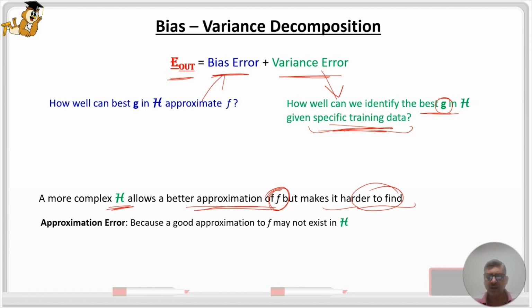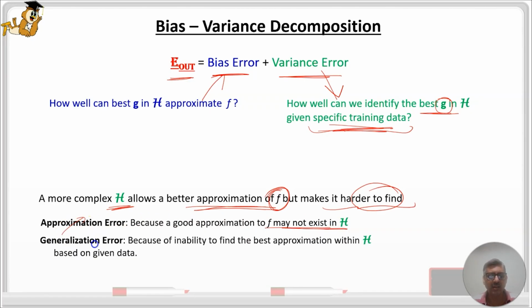So, a couple of other phrases or terms that are used. Approximation error happens because a good approximation to f may not exist in H, and approximation error is essentially the bias error.